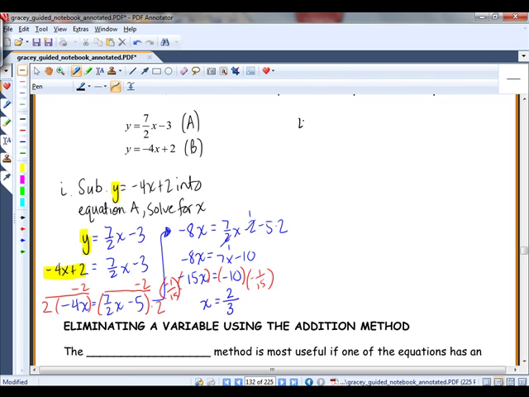Okay, next up, second step, we will substitute x equals 2/3 into whichever equation you'd like. Let's do it into equation B. And this will enable us to solve for y.